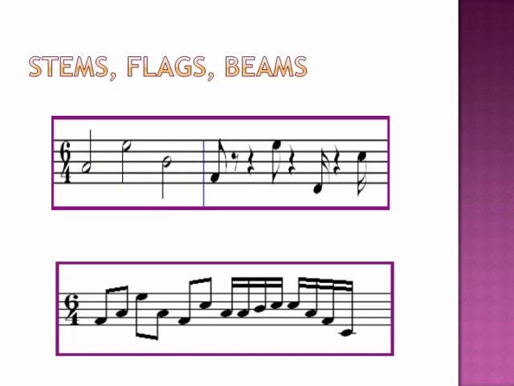If the note is below the midpoint of the staff, the middle line, like this note is, then the stem goes up and to the right of the note. If the note is above the third line or the midline of the staff, then the stem goes down and on the left side of the note.